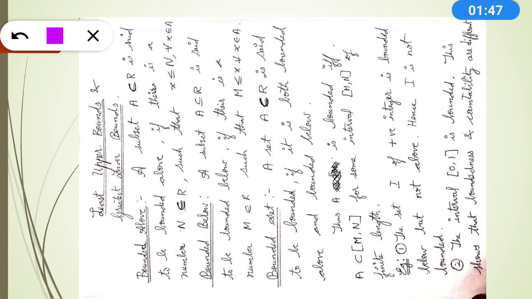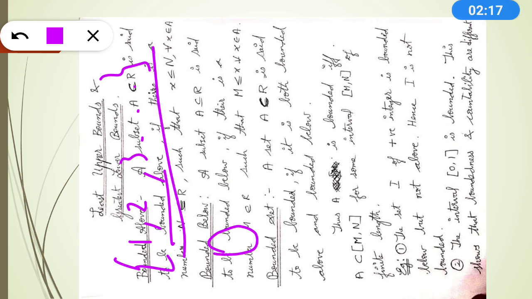So suppose we consider the set of all positive integers. Positive integers means what? It will be 1, 2, 3 like that. Okay, am I able to find an element such that each element will be less than the given element? No, it is not possible. But I can find an element, for example, I can find 0 so that each element in my set of integers will be greater, isn't it?